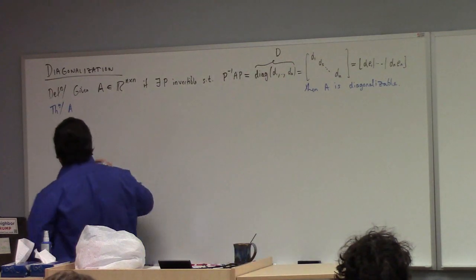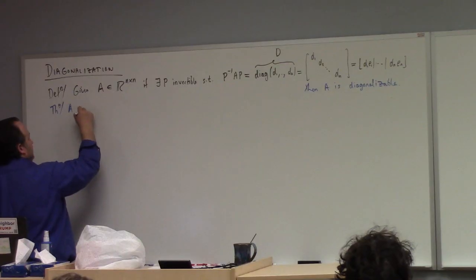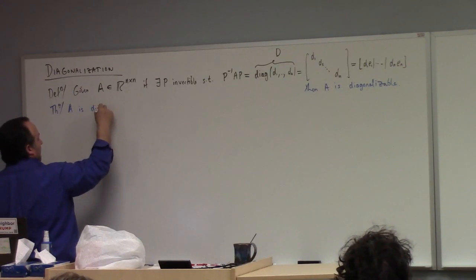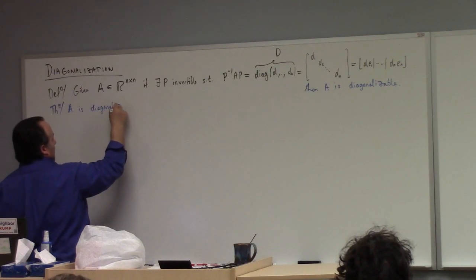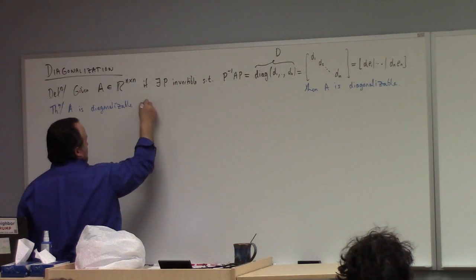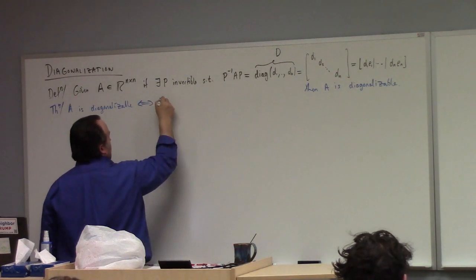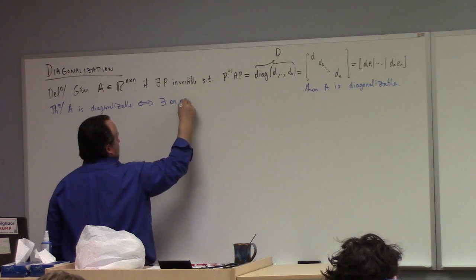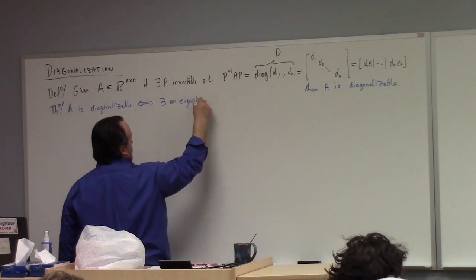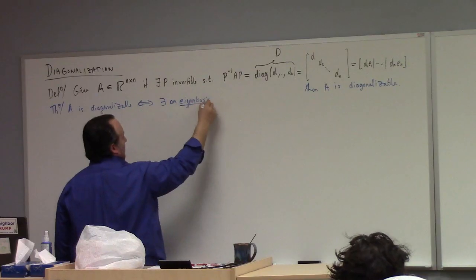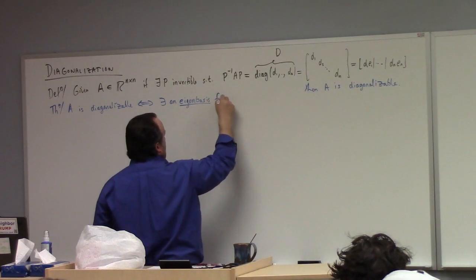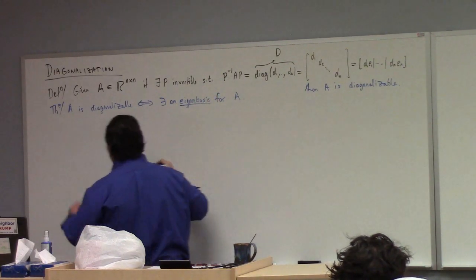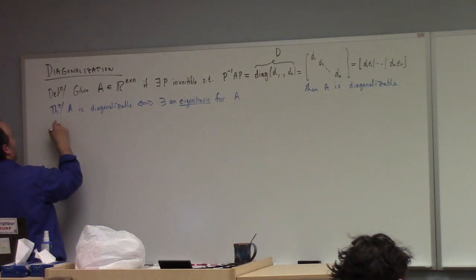And this is the theorem: A is diagonalizable if and only if there exists an eigenbasis for A.